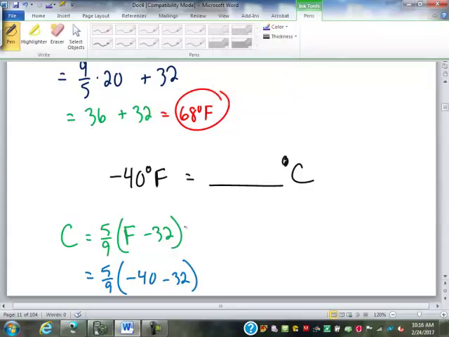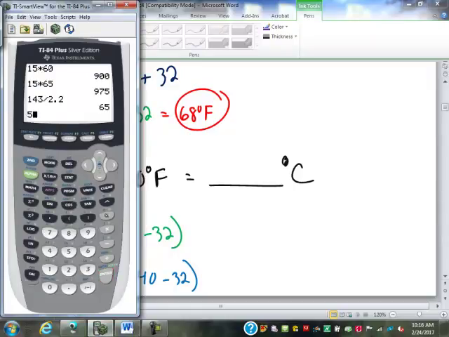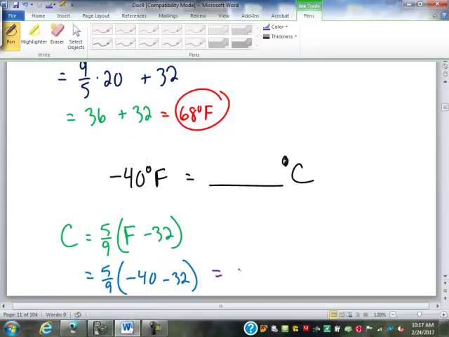This one you can actually just plug into your calculator once you've got the formula set up. You can do 5 divided by 9 and then times parentheses your negative 40 minus 32, close the parentheses. Did anybody get an answer before I hit equals? It's negative 40. Negative 40 degrees is the one temperature that's the same on both scales.